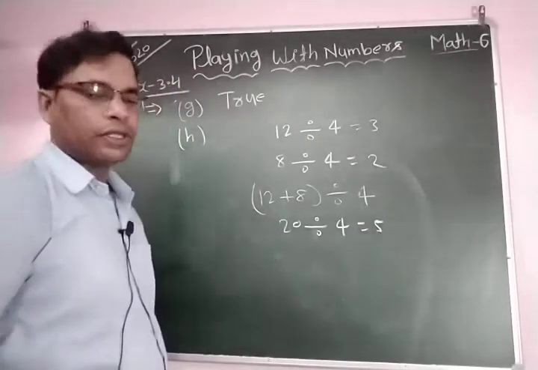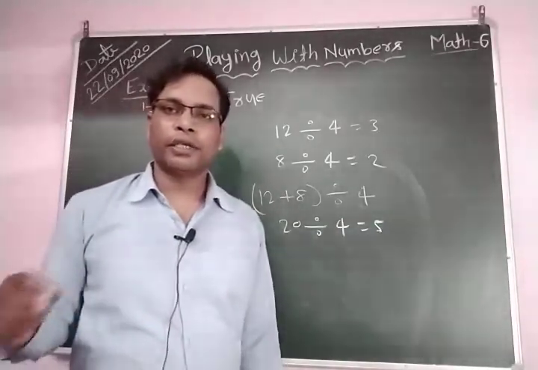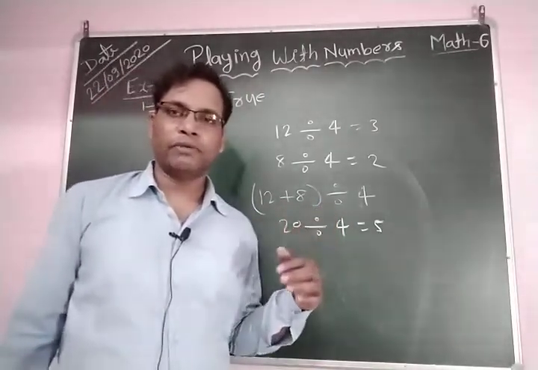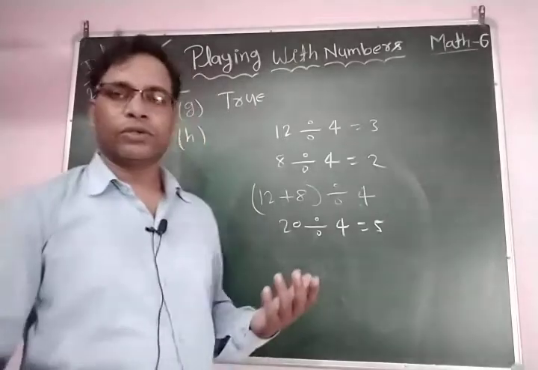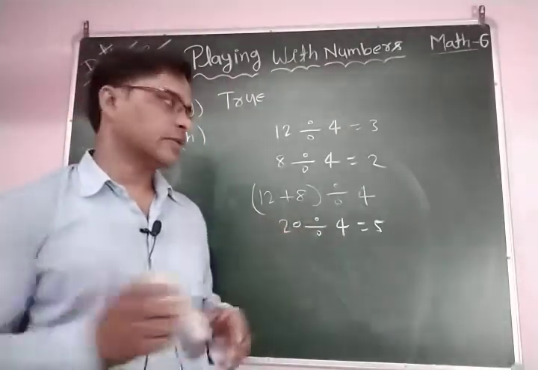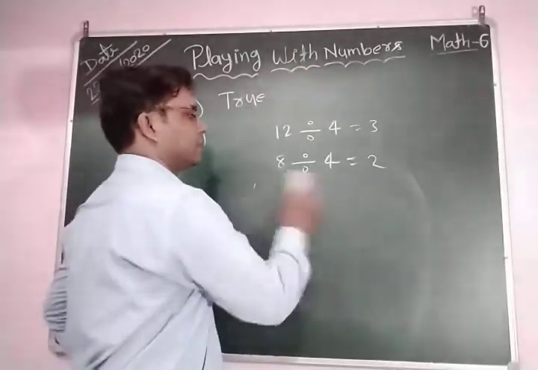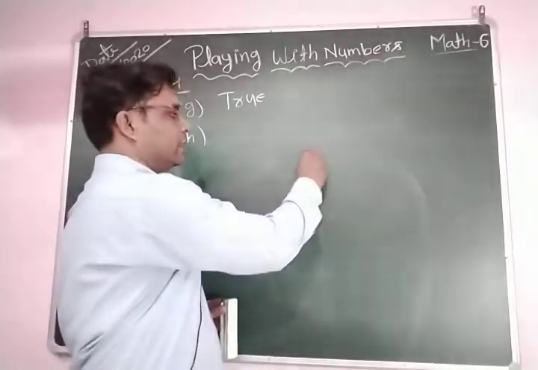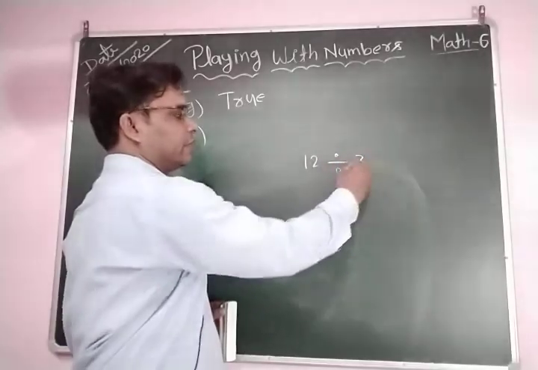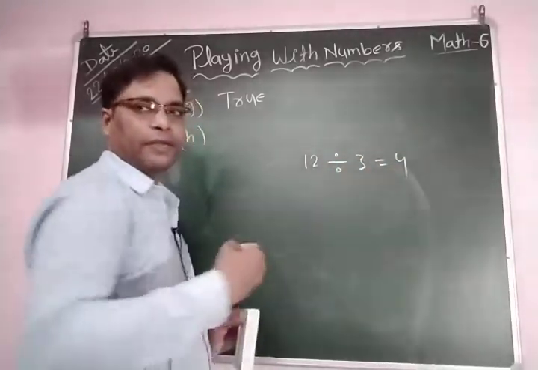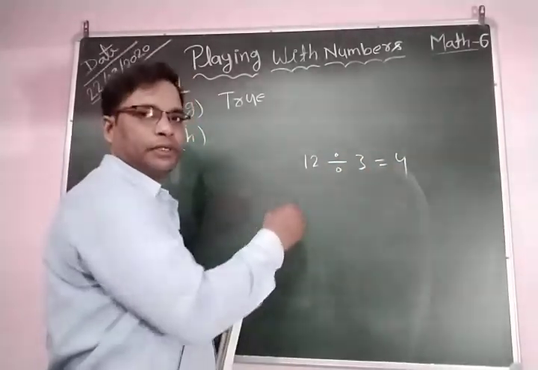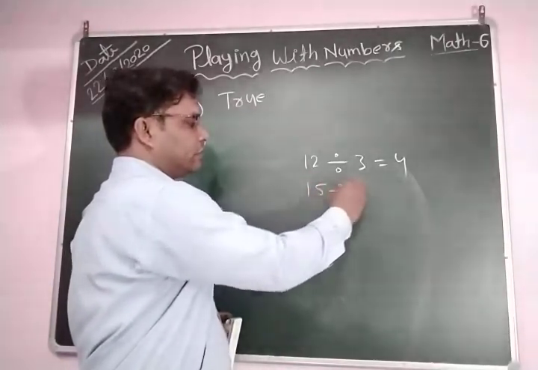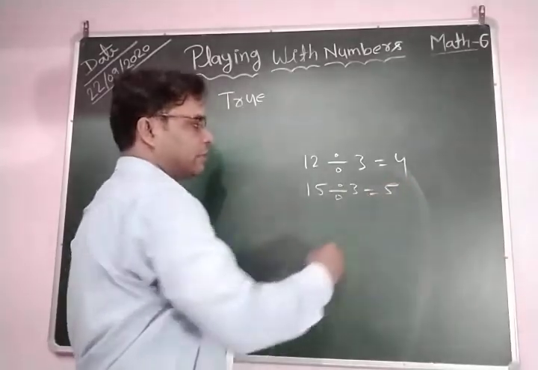So in this example you can say this is a right statement, but I want to take another example to clarify it. 12 is divisible by 3. Clear? And we take 15. 15 is also divisible by 3, 5 times.